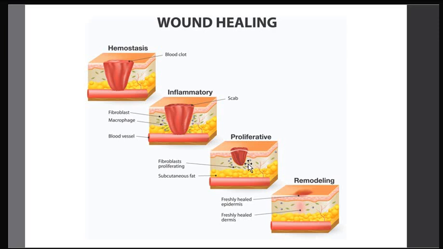In the third step, all types of fibers get activated, like collagen, elastin, and glycosaminoglycan, that proliferate to form the granulation tissue and epithelial tissue at the wound area. And in the last step, the remodeling process, freshly healed epidermis and dermis form to reshape or regain the original structure.